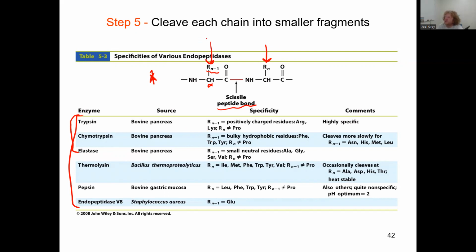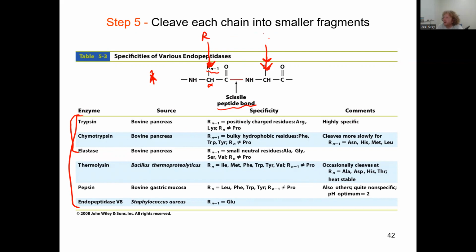Trypsin is going to look to see if this R sub n minus 1 is an arginine or a lysine. Those are positively charged amino acids. If an arginine or a lysine is in this specific location, it is going to cut this bond. However, if in this position right here we have a P or a proline, so if this is RP, then trypsin's not going to cut it.